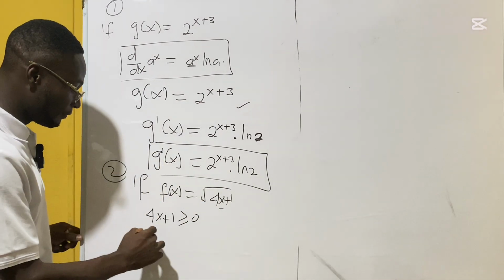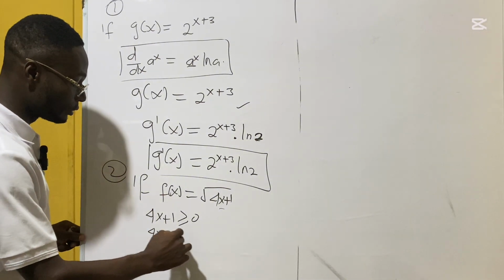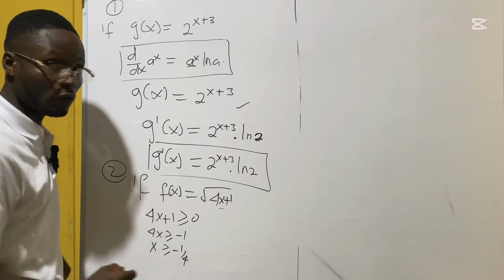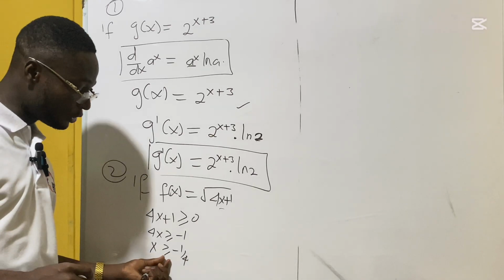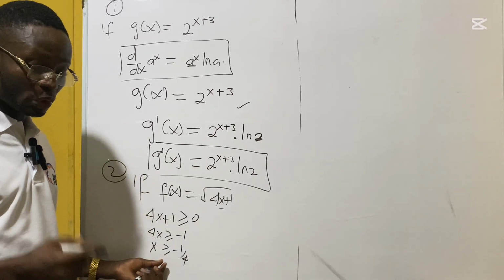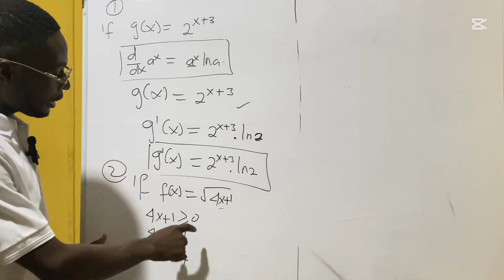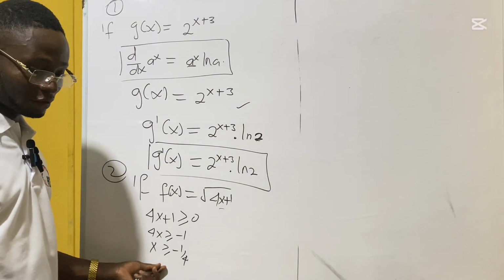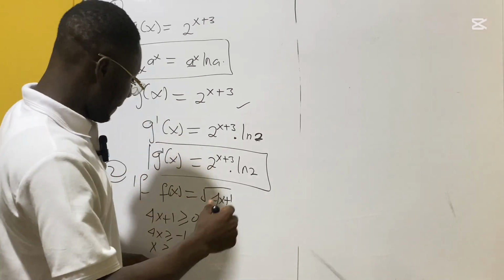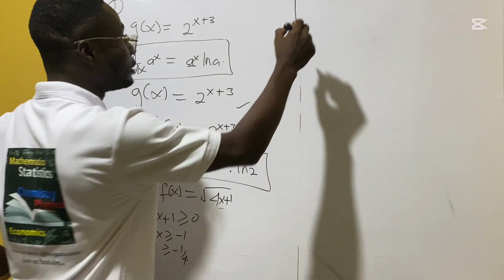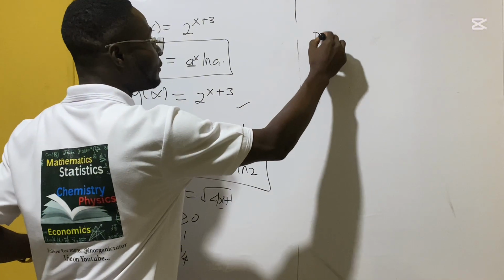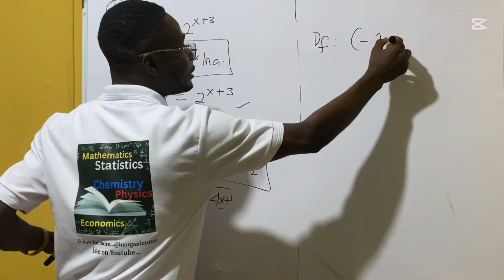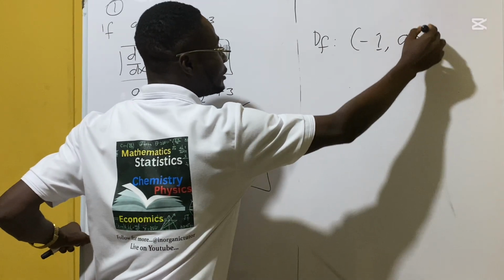So we're going to have 4x greater than or equal to negative 1. So we have x greater than or equal to negative 1 on 4. That is the value of x that we are going to exclude in our domain. The domain of f is going to be negative 1 on 4 to positive infinity.